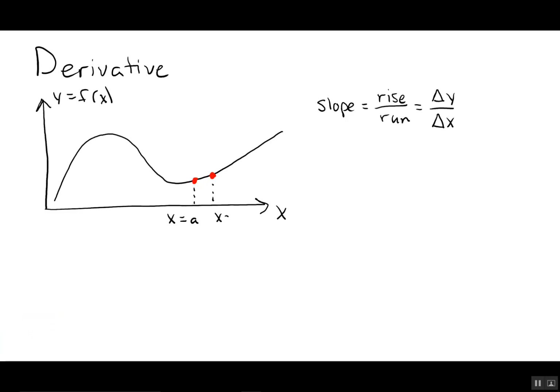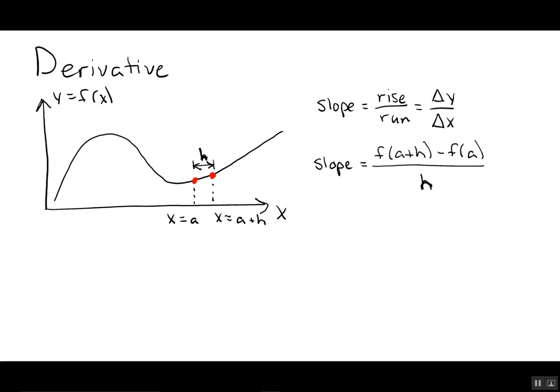We'll call that point x equals a plus a small amount h, where h is the horizontal distance between those 2 points.